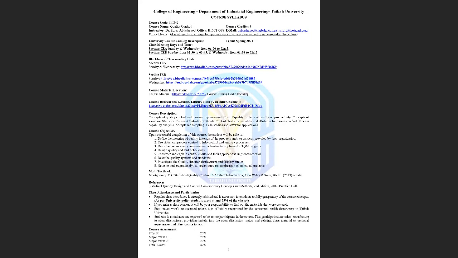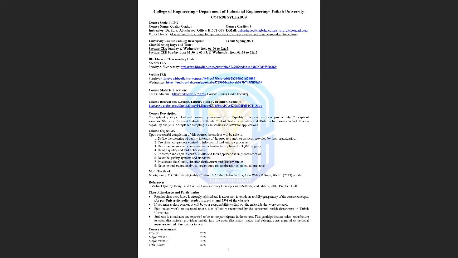Quality is one of the 5 areas in industrial engineering. The other 4 are engineering systems management, manufacturing, human factors, and operations research.